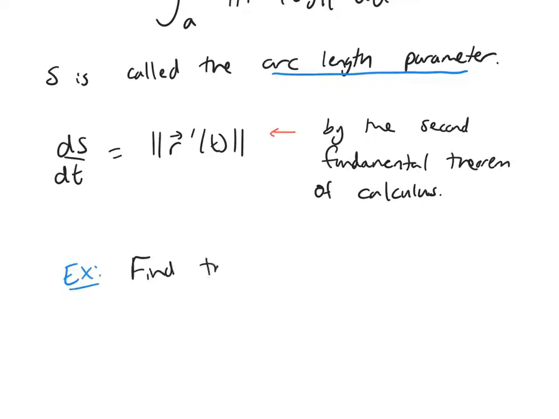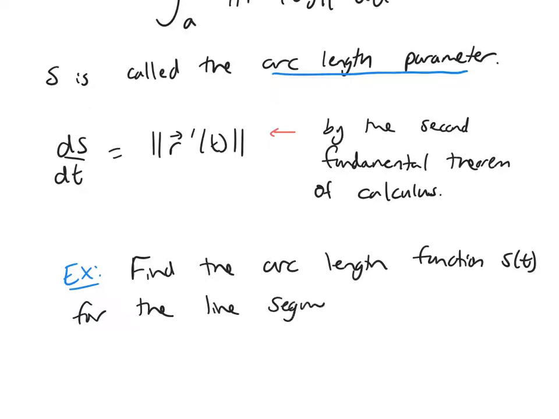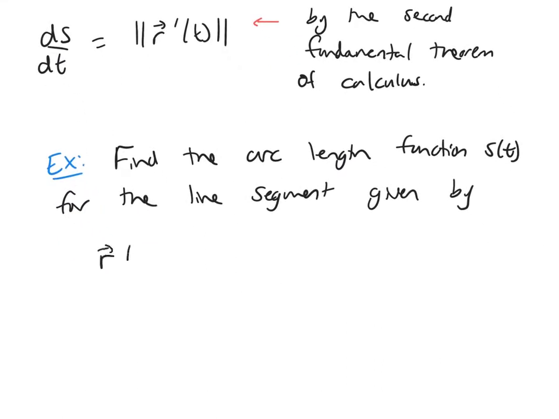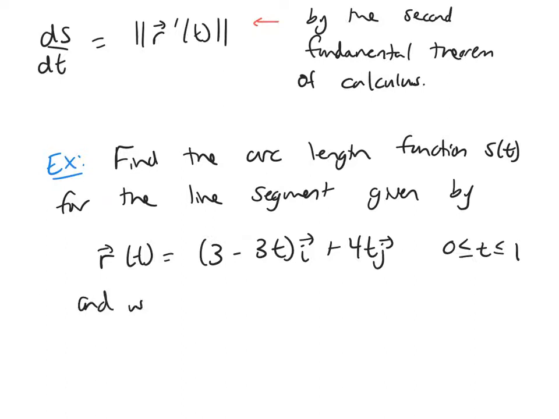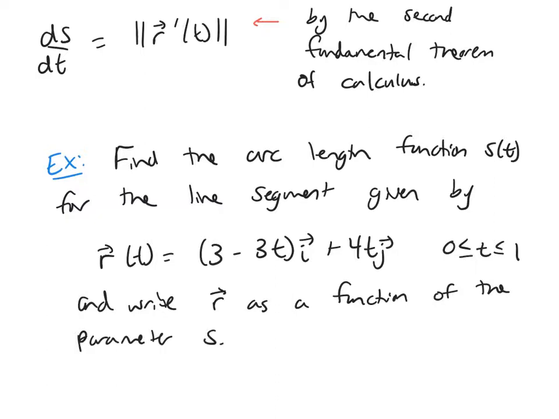Find the arc length function s of t for the line segment given by r of t equals 3 minus 3t i plus 4t j, where t is from 0 to 1, and write r as a function of the parameter s. So here I'm asked for two things.